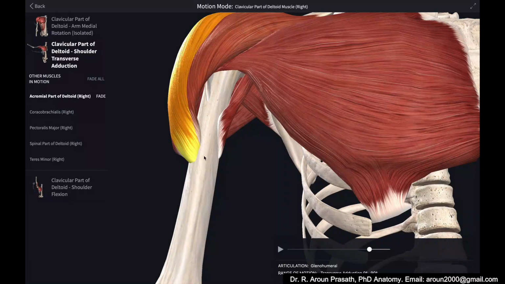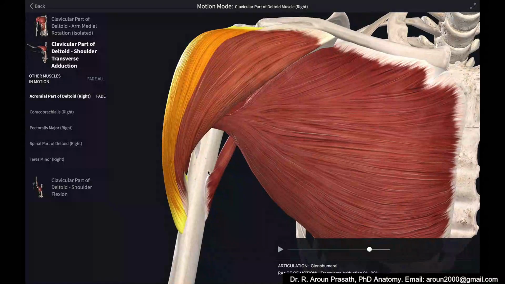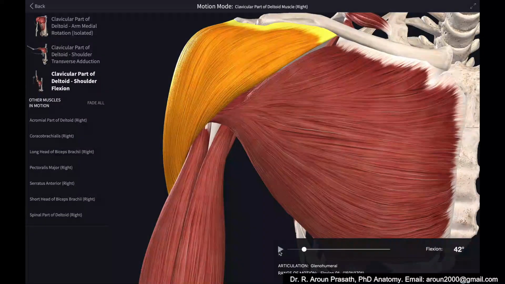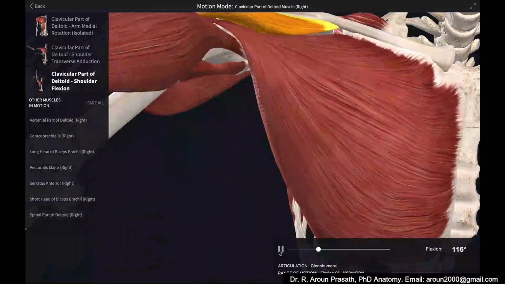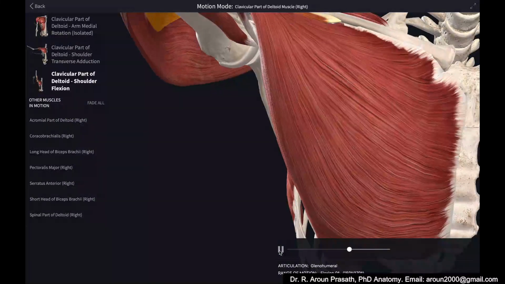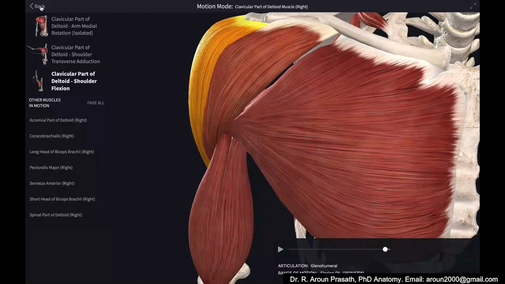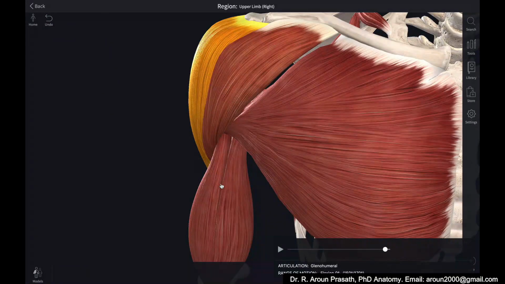This is the insertion point of the deltoid, and you know the function of the deltoid is to do abduction of the shoulder.